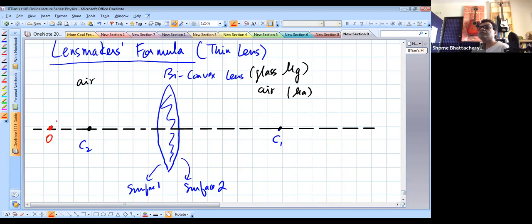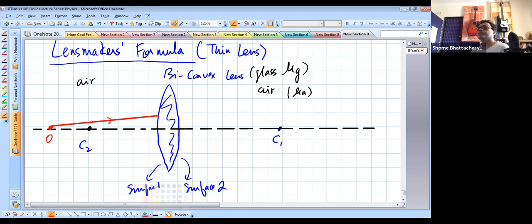So again, we will first solve this by using the generic method of a series of events. Refraction from air to glass. So if this is the incidence, here you can see that for this surface the normal is somewhere here.